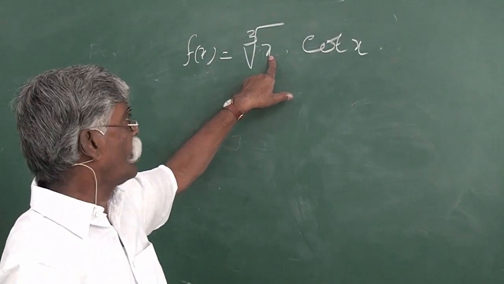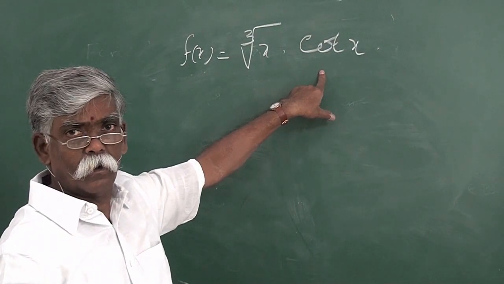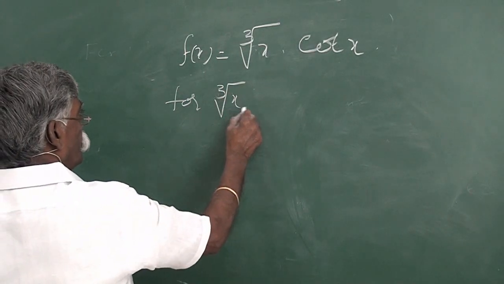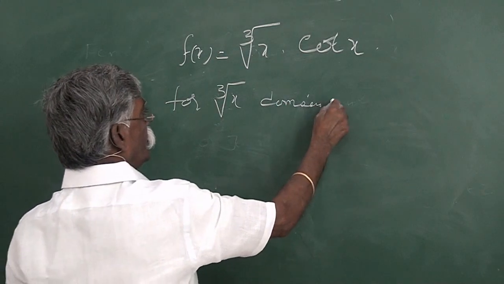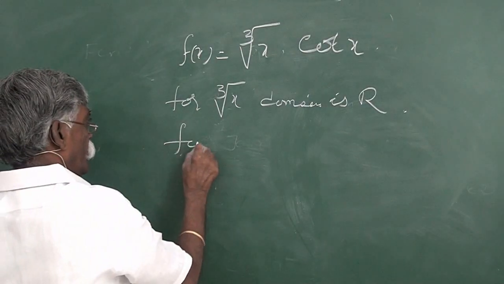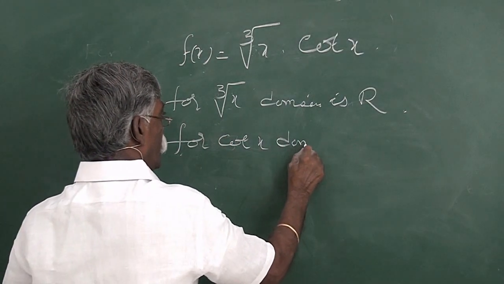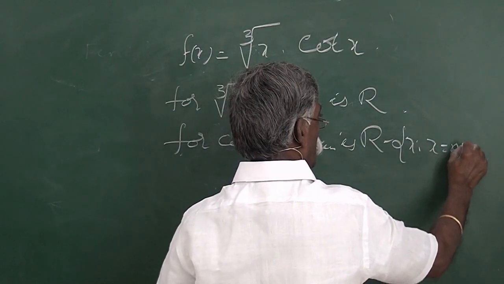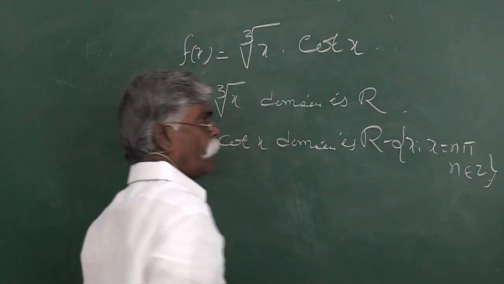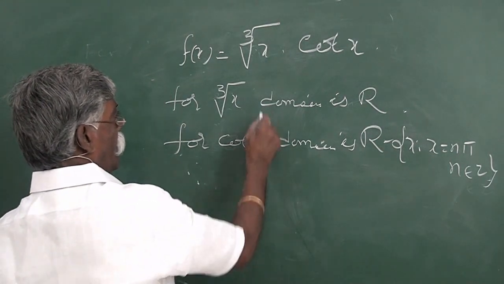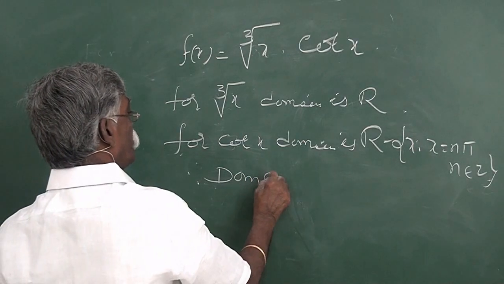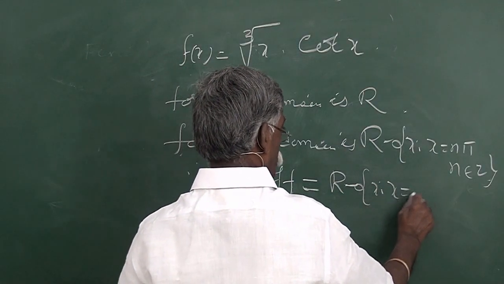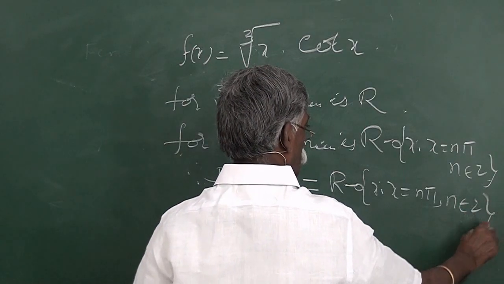So for cube root x, the domain is R, and for cot x, it is R minus x such that x is equal to n pi, n belongs to Z. Therefore, the common domain for both, which is the domain of f, is nothing but R minus x such that x is equal to n pi, n belongs to Z.